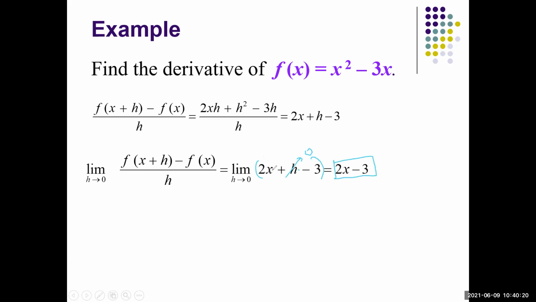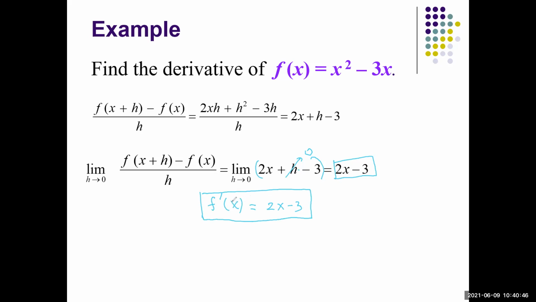Okay, so the original function is f of x equals x squared minus 3x, and the derivative that we just found is 2x minus 3. Again, don't forget that the derivative represents the instantaneous rate of change of the function with respect to x.